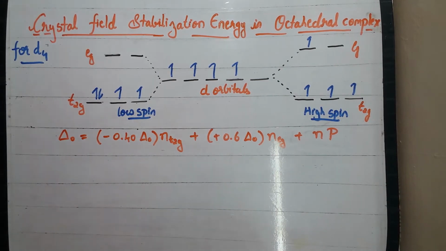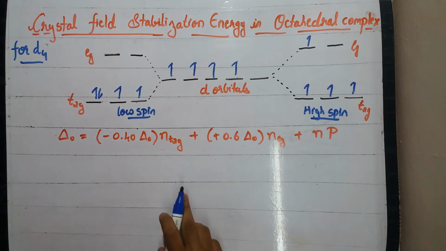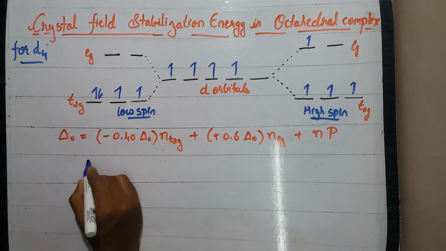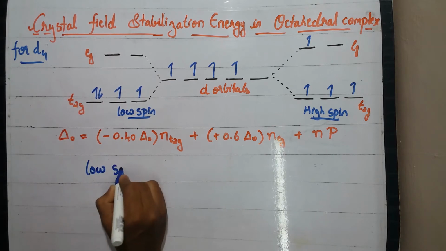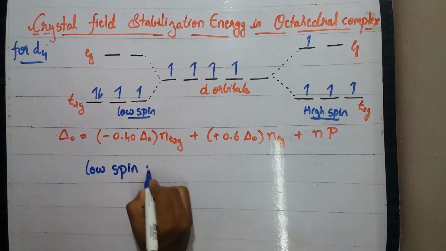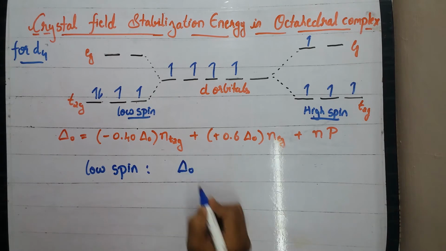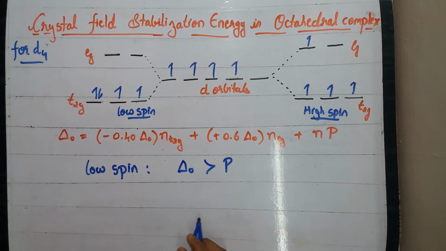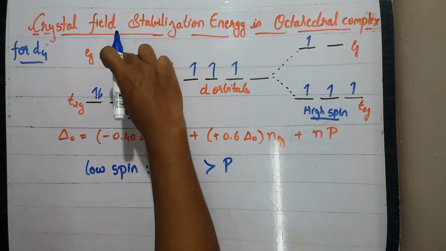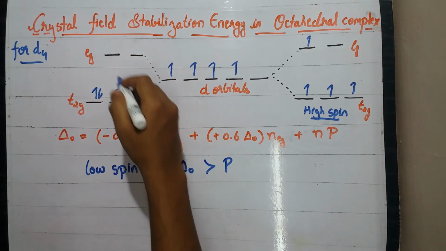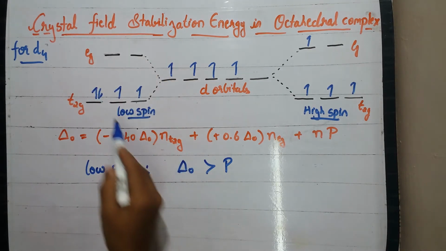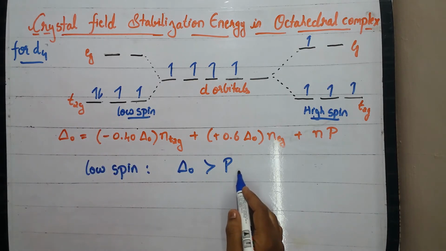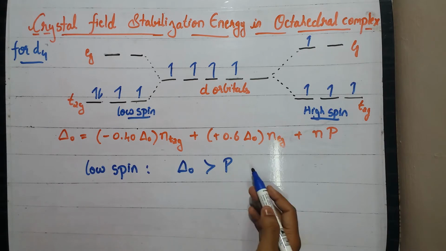The low spin complex occurs when delta naught is greater than the pairing energy. That is, the energy difference is higher, so the electron cannot be added to the Eg orbital, hence it gets paired. The pairing energy is least, hence pairing occurs easily.